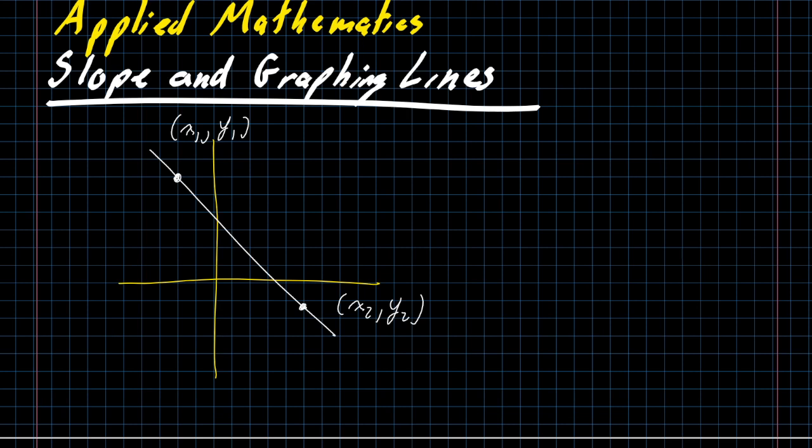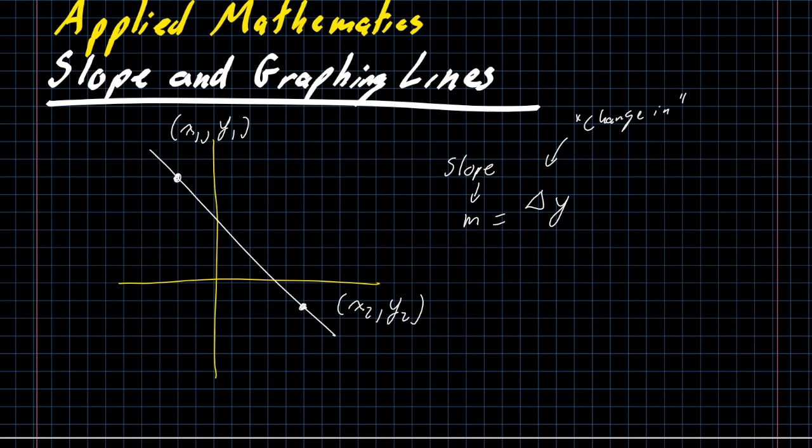We're going to define the slope using the letter m as the difference in y. Sometimes you'll see that denoted using this triangle. It's the Greek letter delta, and it's read as change in.